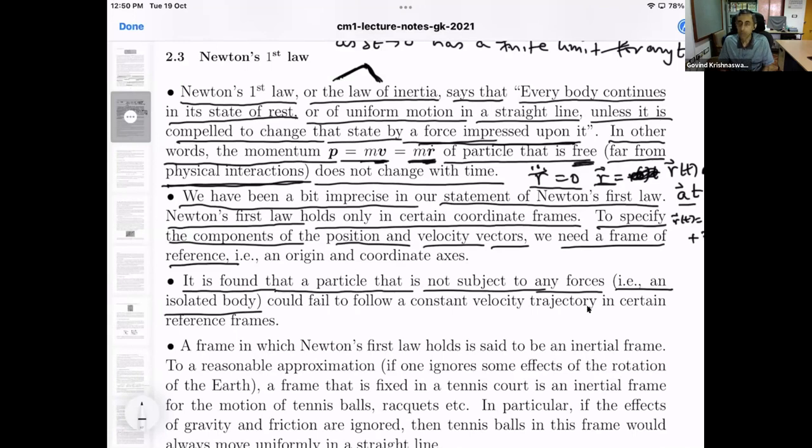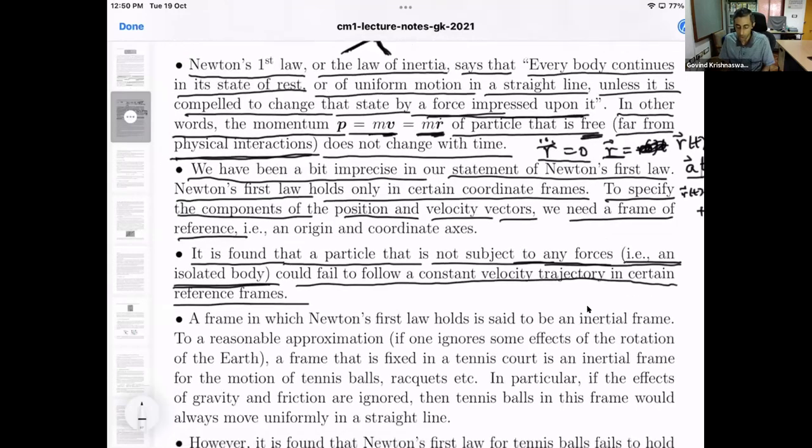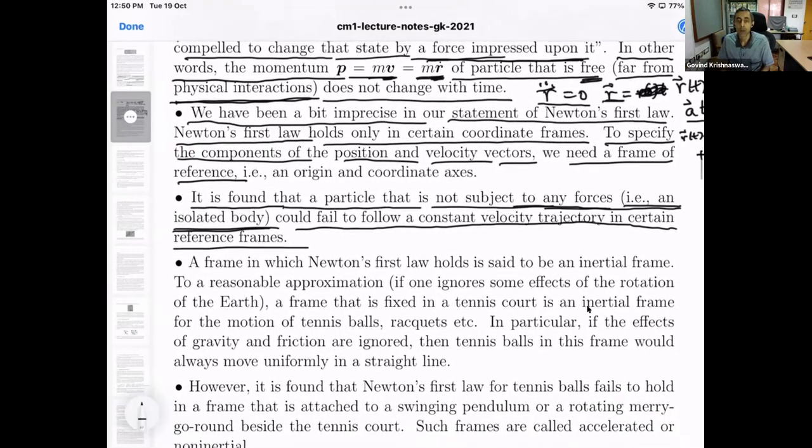Now, the surprising fact is that a particle that is not subject to any forces, that is an isolated body, could fail to follow a constant velocity trajectory in certain reference frames. We need to first understand this, and I will explain how this could happen. Let me now try to be a bit more precise. A frame in which Newton's first law holds is said to be an inertial frame.